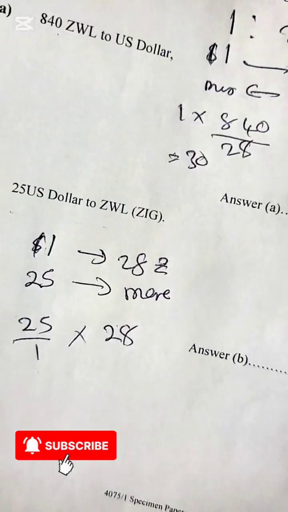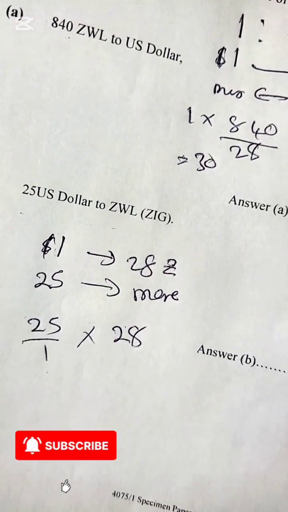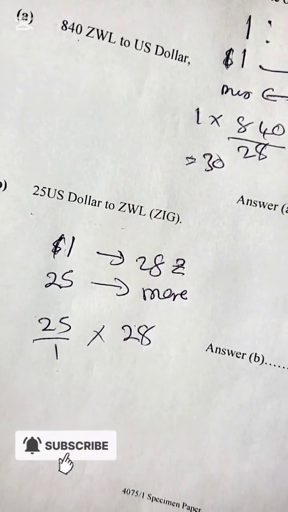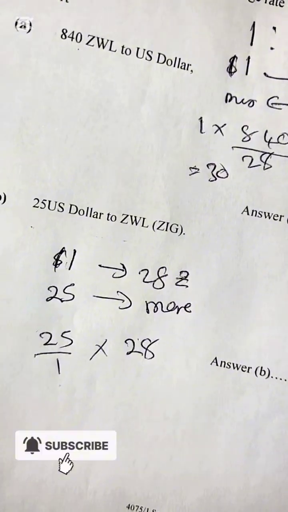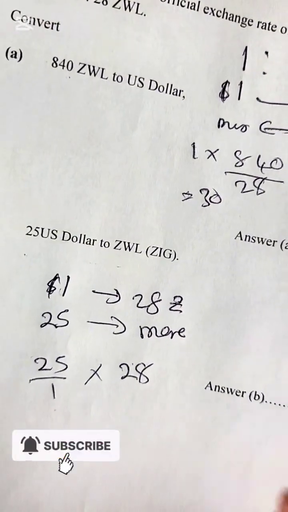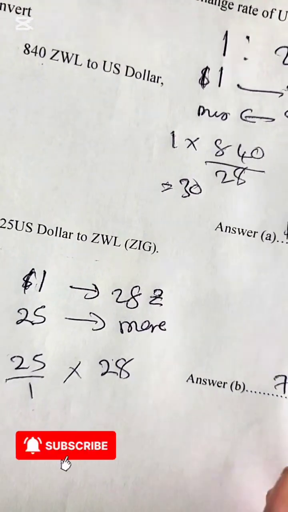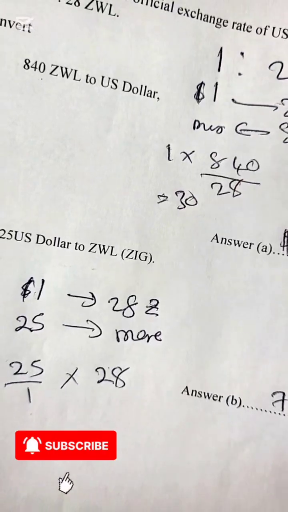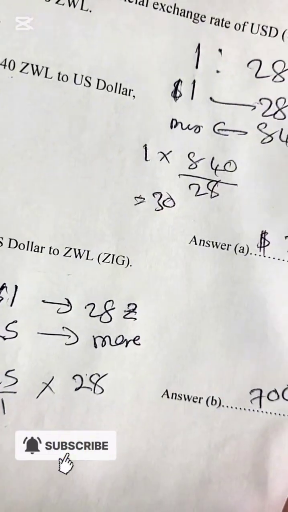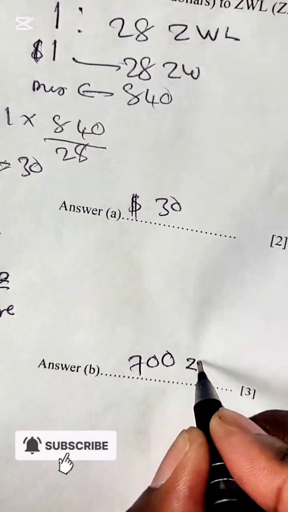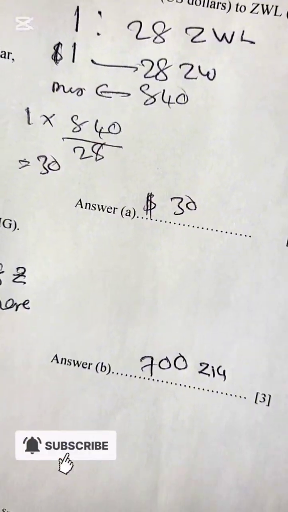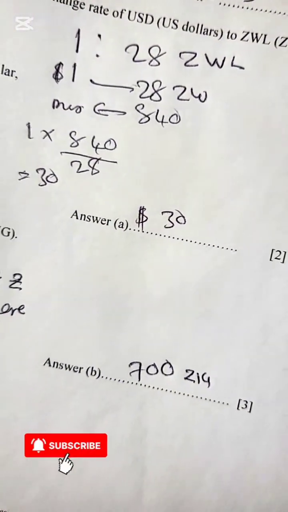So 28 multiplied by 25, we're going to get 700. We're going to get 700 ZiG. That's the exchange rate.